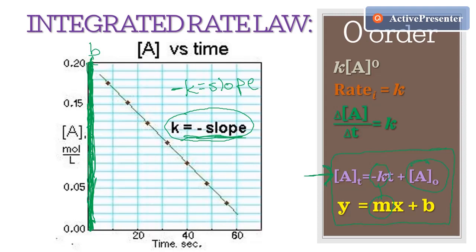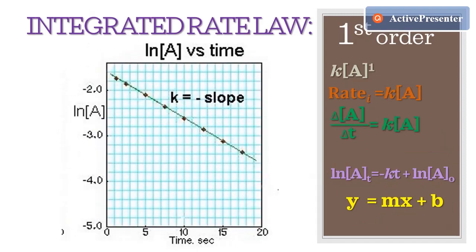And this is why we have to know if it's zero order, first order, or second order, because we have to know what formula to use in order to get a straight line like this. So you see how this line that we plotted with the points is a straight line? This is the entire reason why we're using these purple formulas in the slope-intercept form, because when we plot it on a graph, it's going to give us a straight line, and it's a lot easier to compare.